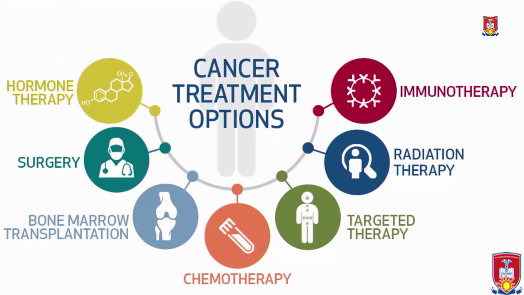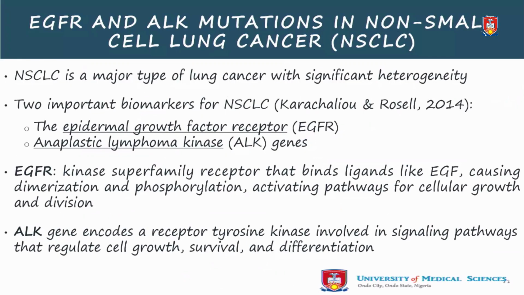I'm just going to run through these cancer treatment options. There's a lot that has happened or is happening right now with genomics. For example, I'm giving an example. This particular cancer, non-small cell lung cancer, they identified what they called an epidermal growth factor receptor. That there are two important biomarkers that they found that were associated with this cancer.